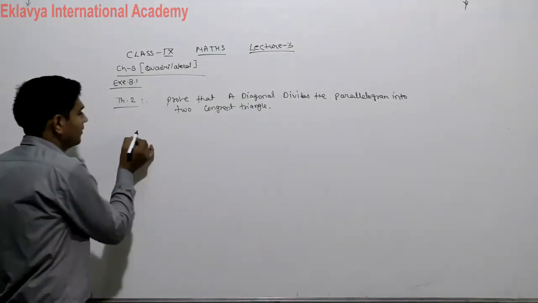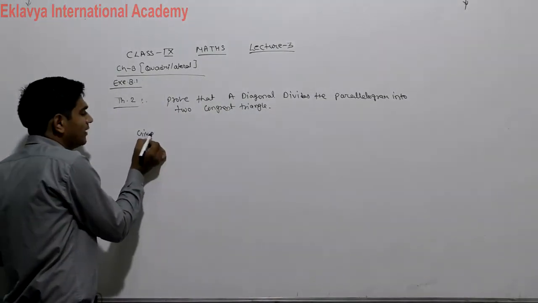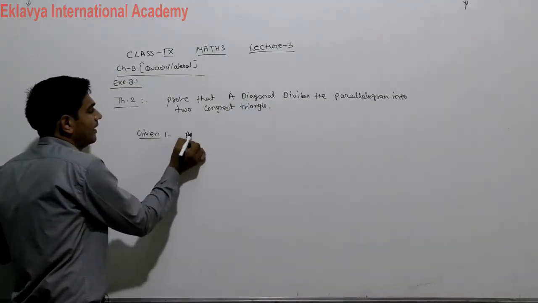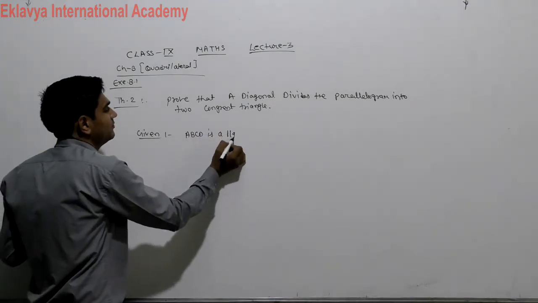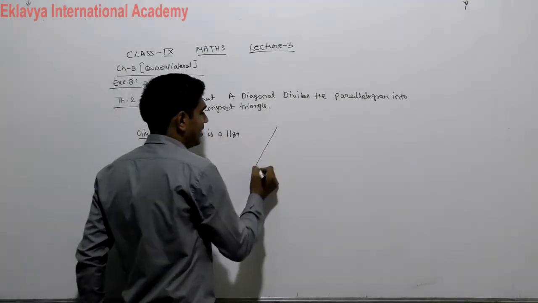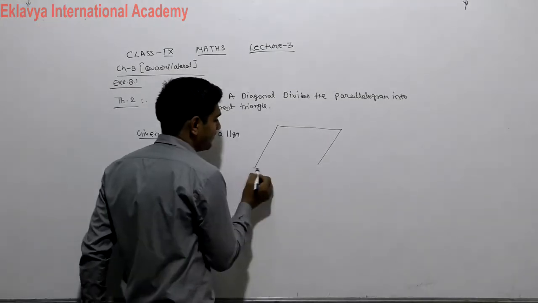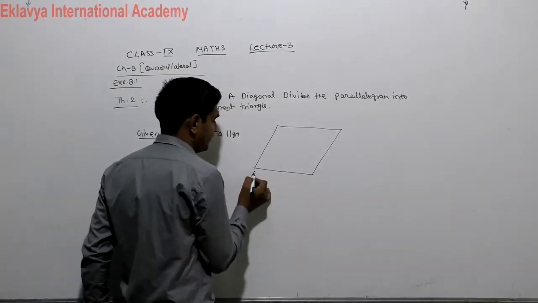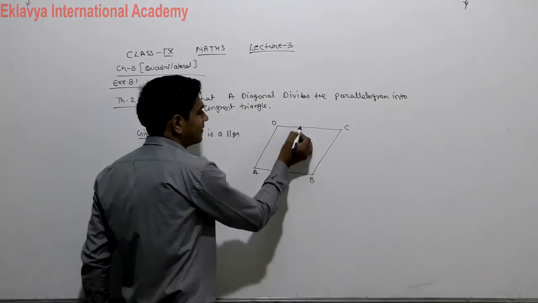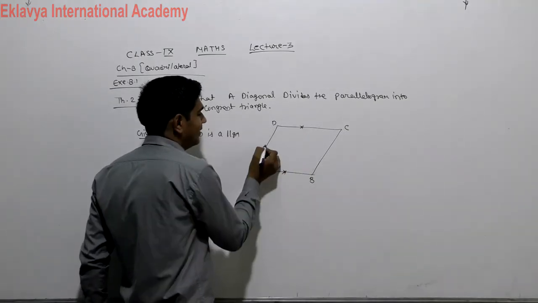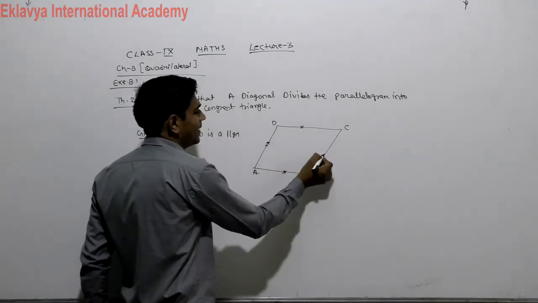So first of all, what is given to you here? ABCD is a parallelogram, that is given in the question. ABCD is the parallelogram. Opposite sides are equal and parallel.